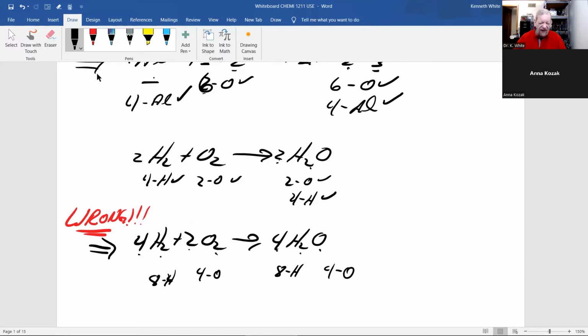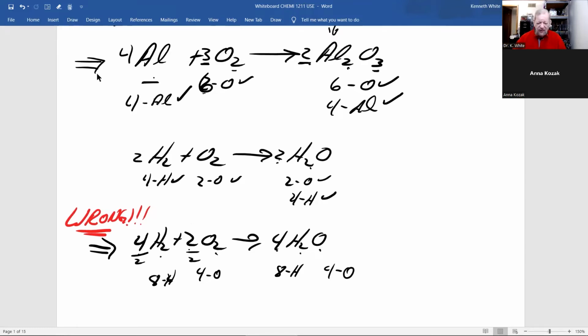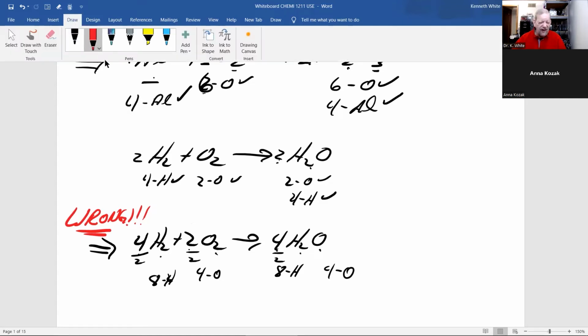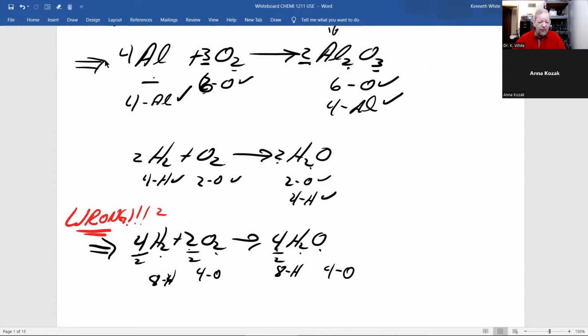But notice if I divide this by 2, this by 2, this by 2, this now becomes 2, 1, 2, which is what the correct one is. So if you can divide all the coefficients by the same number and get whole numbers, you have to do that till you can't anymore. And then that's the correct balanced equation.